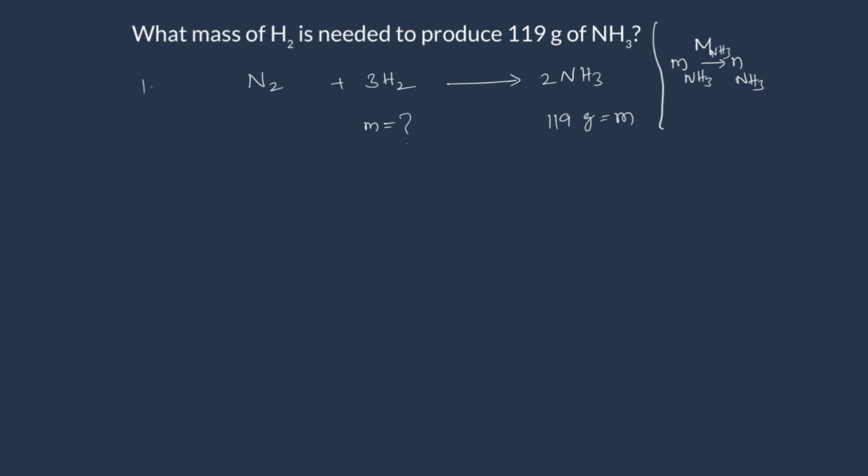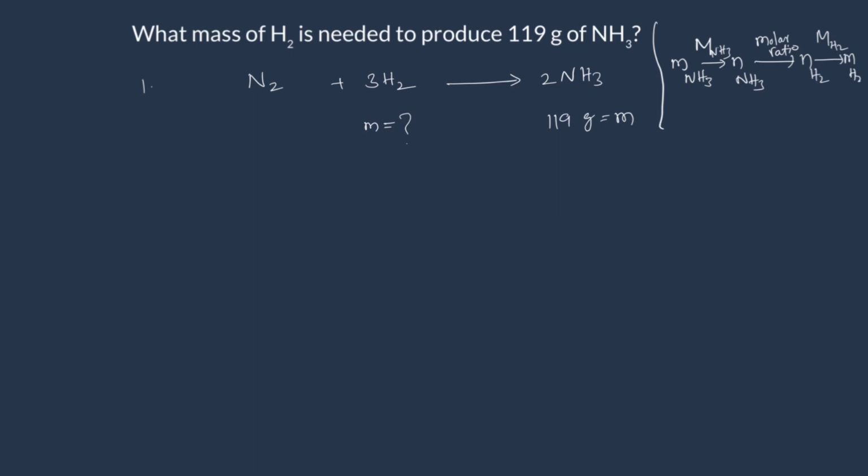Then this will be converted into moles of hydrogen by using the molar ratio. Then again we have to convert to the mass of hydrogen. For this the molar mass of hydrogen is required. This is the path for calculating the given question.